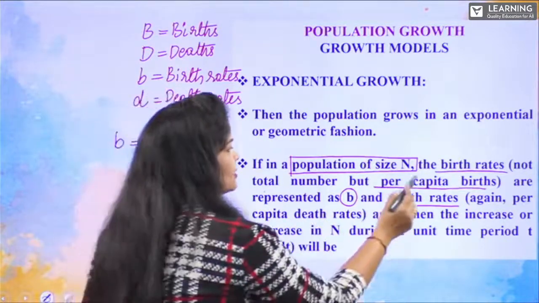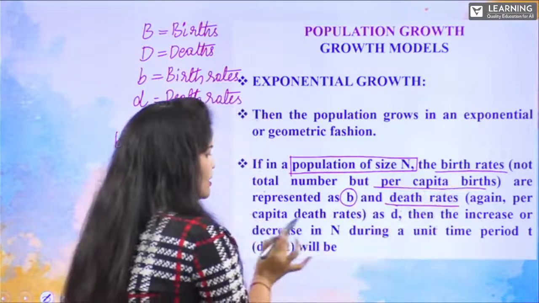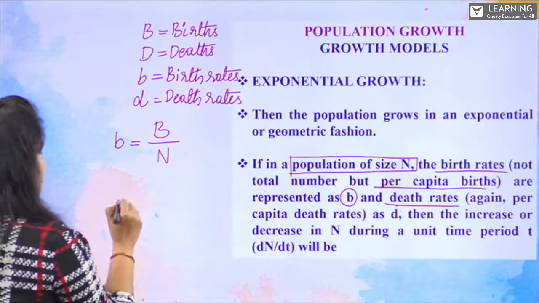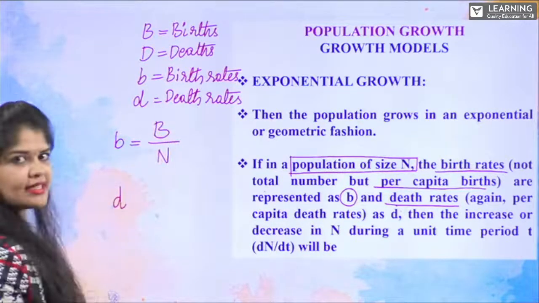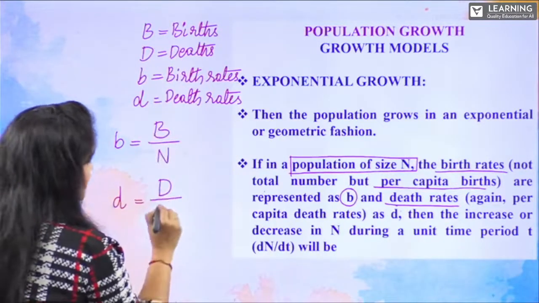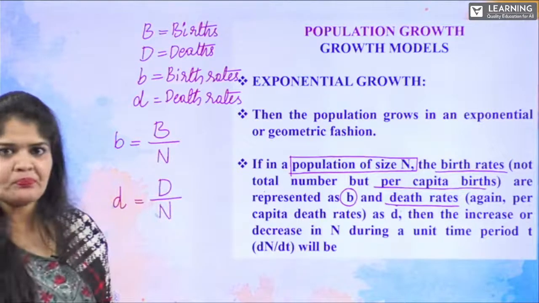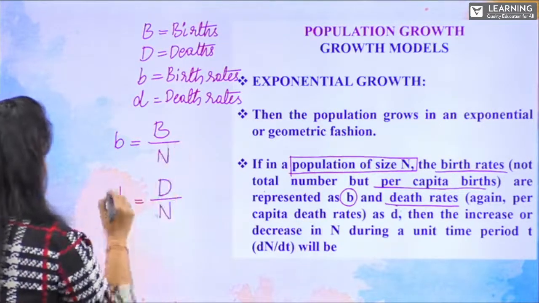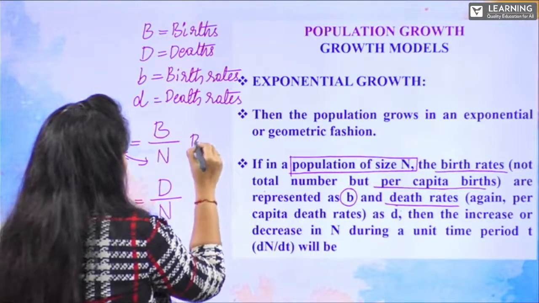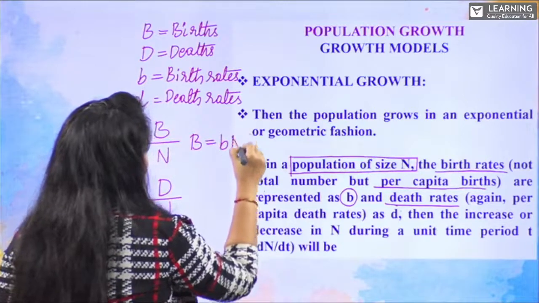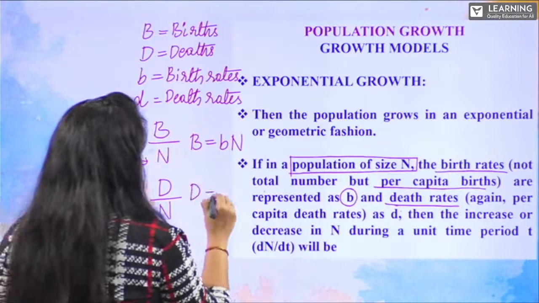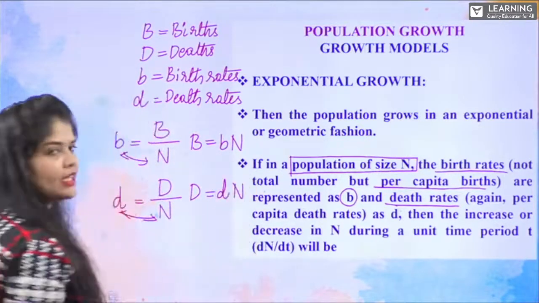Per capita birth rates are considered here, and per capita death rates are considered here. So capital B is equal to small b, capital N. Same way, capital D is equal to small d, capital N.